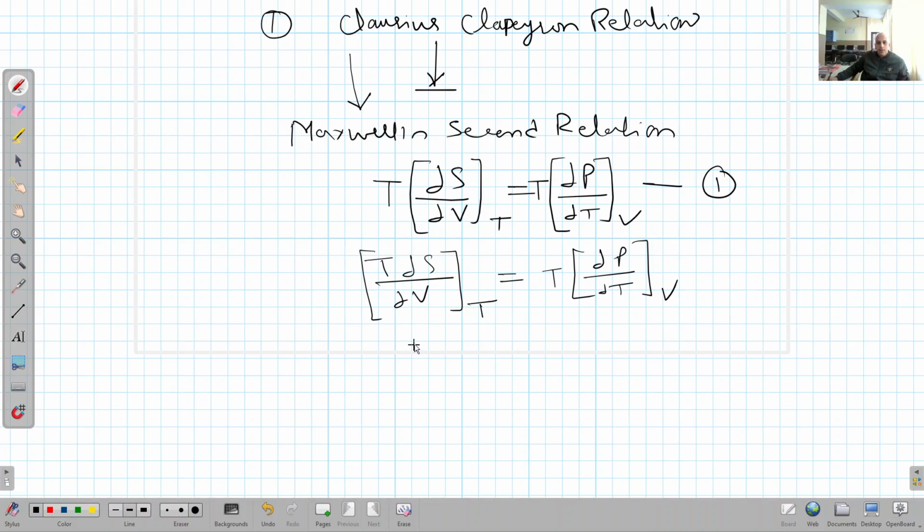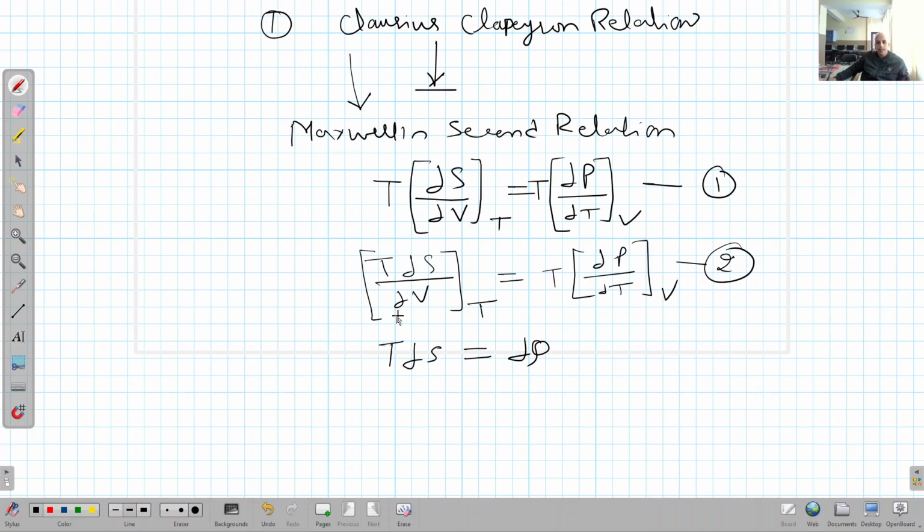So here we can write curly S multiplied by T. It is just like a TdS, right? So according to the second law of thermodynamics, it should be equal to dq, means I can write here curly q. Clear? So I am going to give this name as equation number 2.